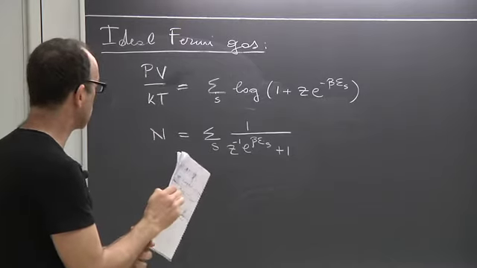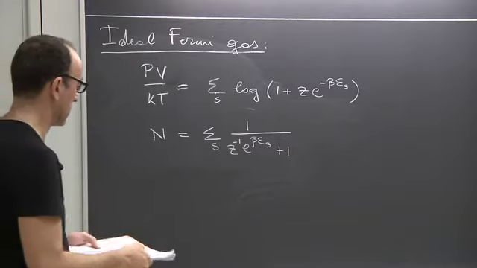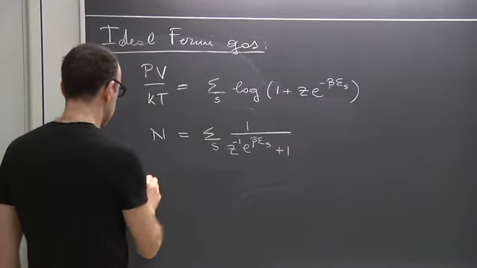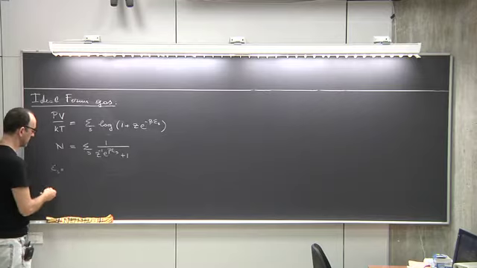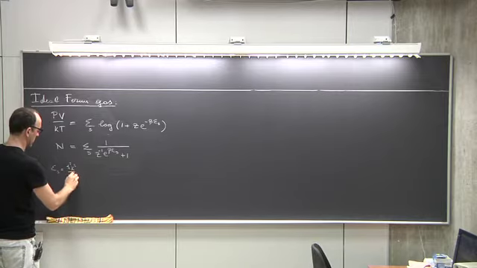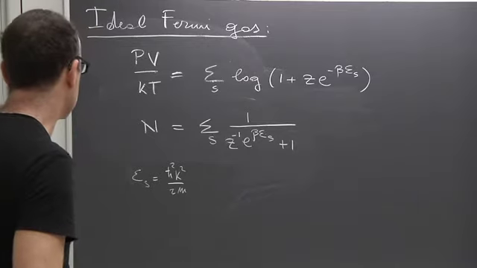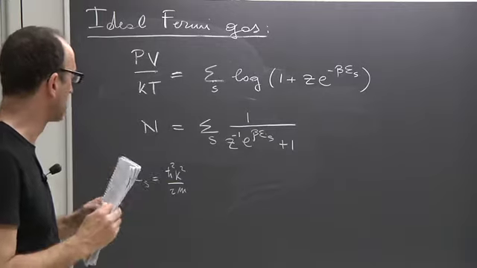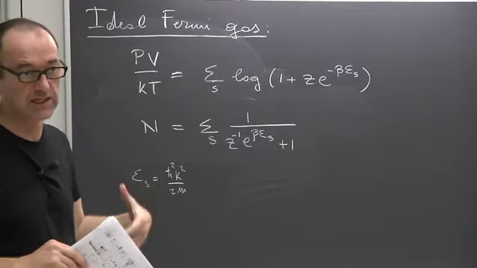Okay, so again, it is convenient. We are going to discuss ideal gases. So the energy states will be of the form h-bar squared k squared over 2m. And again, we are going to discuss particles in a finite volume V, so that the momentum will be quantized.